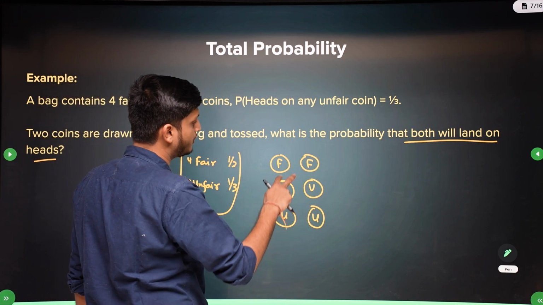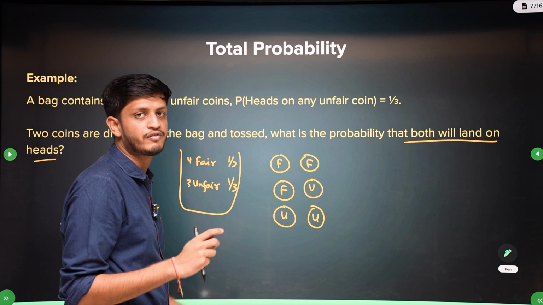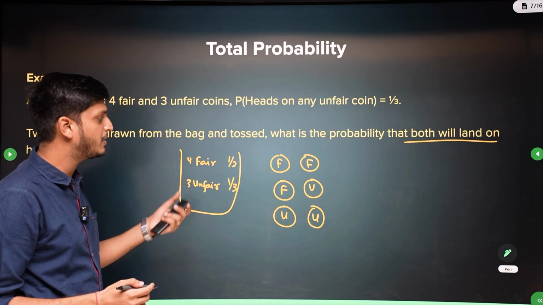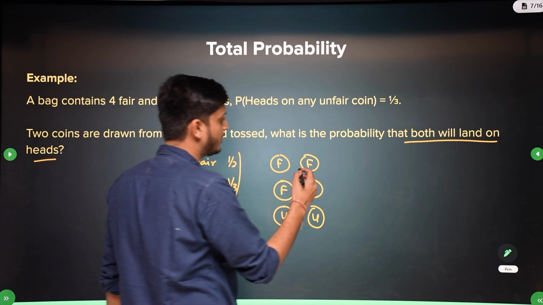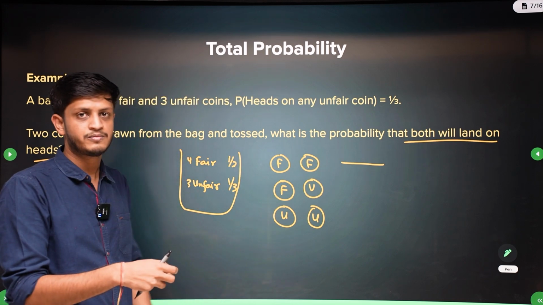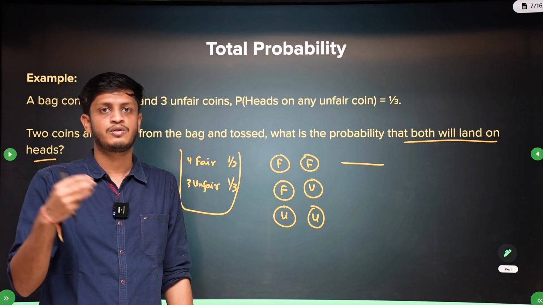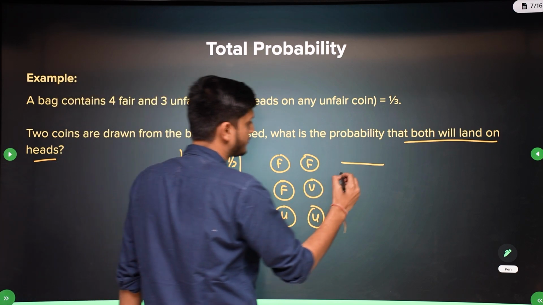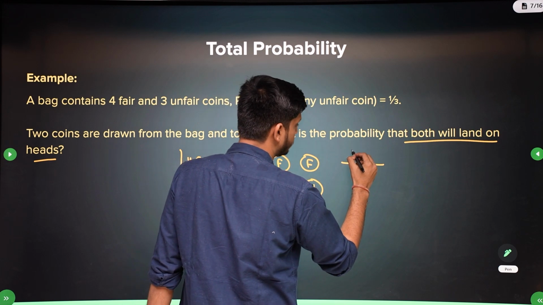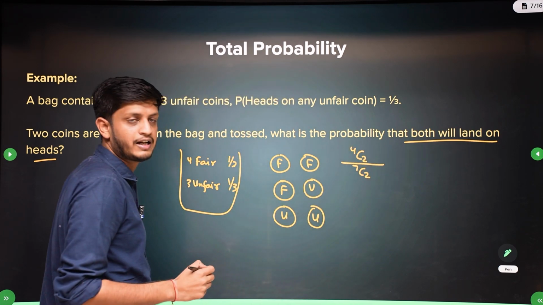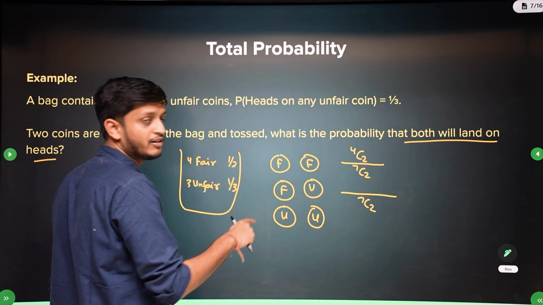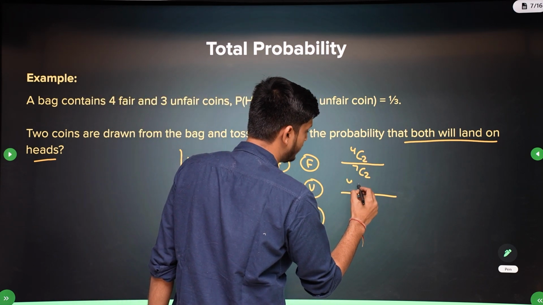Firstly, let's calculate the probability of getting 2 fair coins. Now we come to counting. There are 7 coins, and in how many ways can we get both fair coins? Overall, if we have 7 coins in a bag, in how many ways can I take out 2 coins? 7C2. In how many ways will both be fair? 4C2. Similarly, we have 7C2 cases, and in how many ways will it be 1 fair and 1 unfair? 4C1 into 3C1.